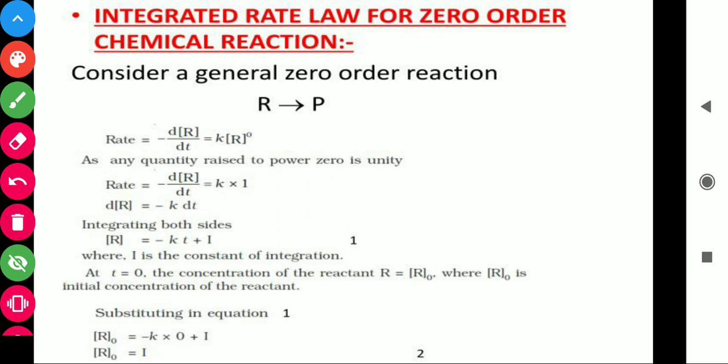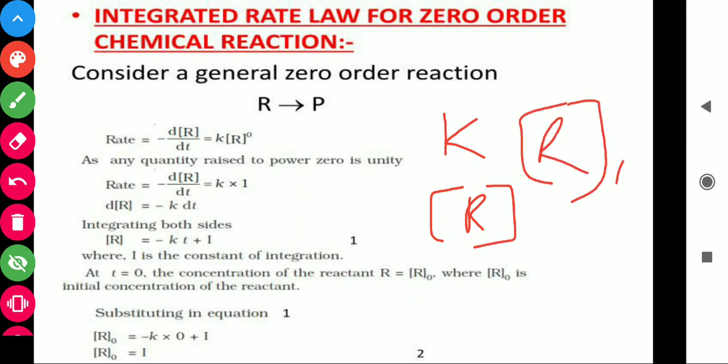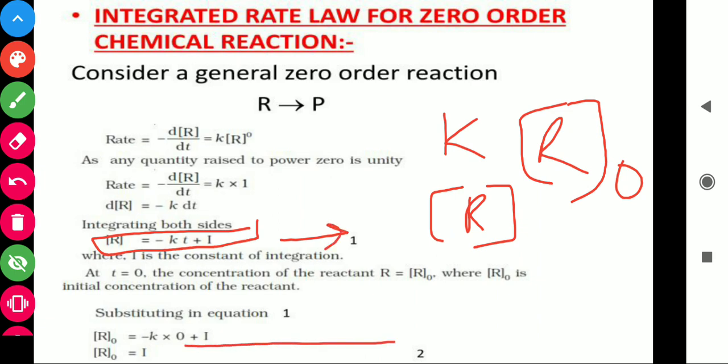Students, now you should know the meaning of all these terms. k is equal to rate constant. R is equal to concentration of reactant. R naught is equal to initial concentration. Then on putting values, we will get this equation. This is equation number 1 and this is equation number 2.